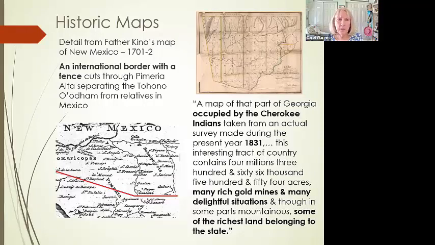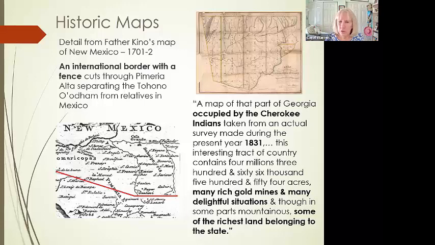Our next resource is historic maps, and they're sometimes helpful when you're trying to identify land loss or removal. I have two here. On the left, I have a detail from the map of Pimaria Alta by Father Kino from 1701, which shows the indigenous home of the Atham tribes, which is labeled Pimaria right down through the middle there.